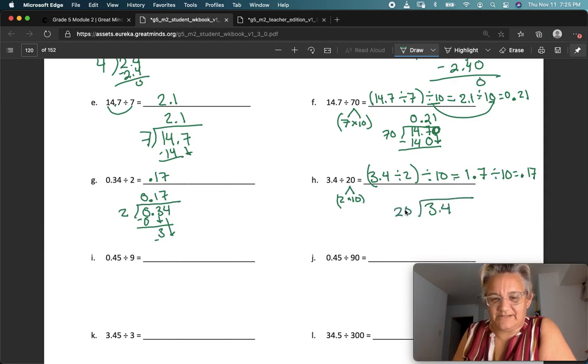And I have 20 here. So 20 goes into 3 0 times. 20 goes into 34 1 time. 1 times 20 is 20. And 4, 1. Now I'm going to add another 0 and bring that down. 20 into 140 is going to fit 7 times. 7 times 0, 7 times 2, and there's my 0.